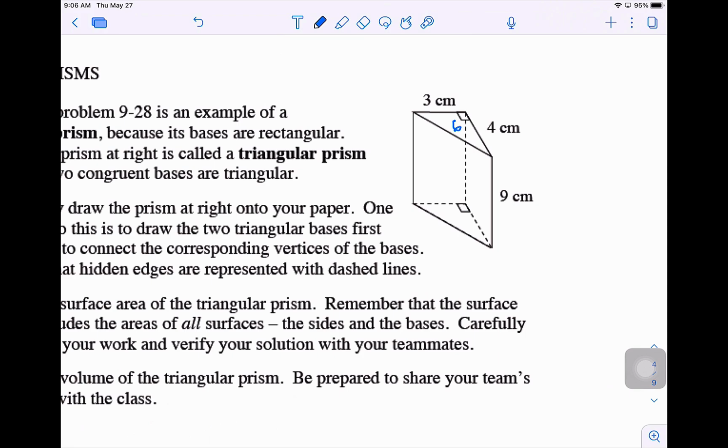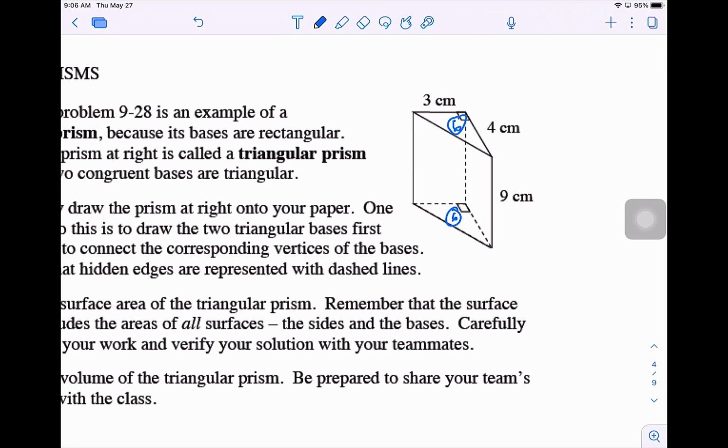Okay, well, let me help you. If we're going to find the area of all the surfaces, we already found the top. That top triangle is 6. You had to find that for the volume, which means this bottom down here is also 6, because top and bottom, the two bases are always congruent. Then we've got to find the area of all the sides, which in this case, because it's a triangle, are 3 rectangular sides.